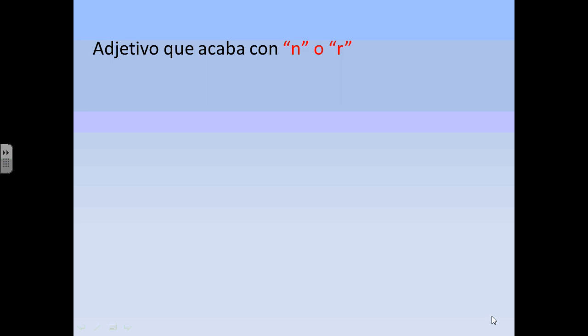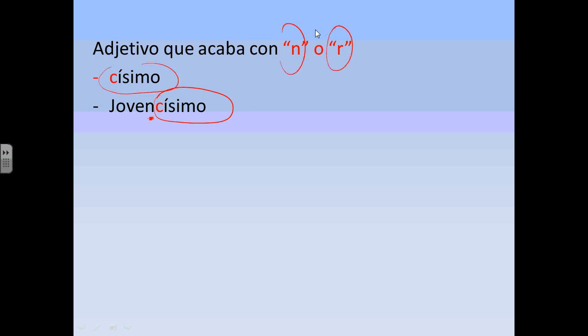Okay. Adjetivos que acaban con N o R, por ejemplo, hay que añadir una C. So, jovencísimo, por ejemplo. With joven, it ends in an N, so you have to add císimo to it. So that's just another one of those rules that you just have to remember. It ends in an N or R. Okay, hay que añadir una C.